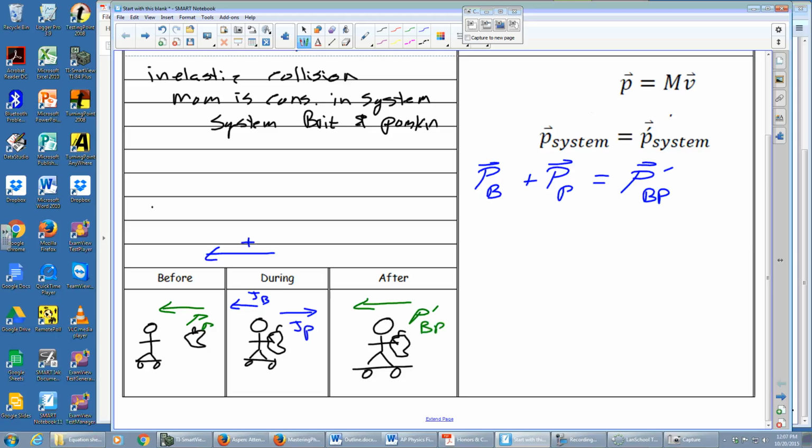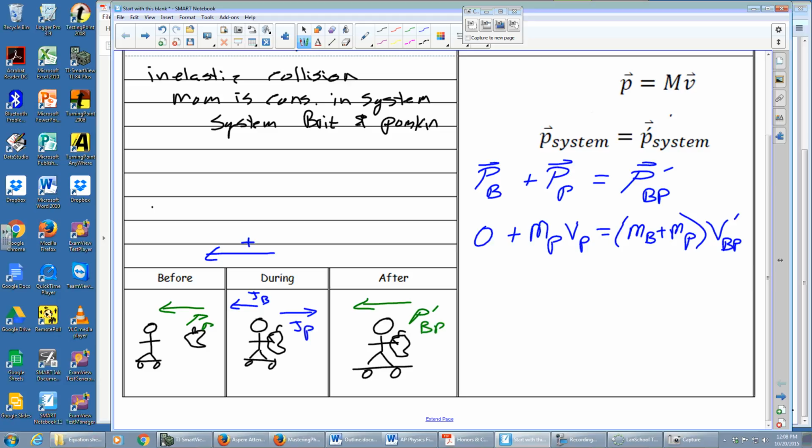My momentum of Brittany before, she's not moving, so I know that's 0. Momentum of the pumpkin would be the inertia of the pumpkin and the velocity of the pumpkin, and that's to the left, so that's positive, so I'm just going to call that the speed of the pumpkin. Afterwards, I'm going to have the inertia of Brittany and the inertia of the pumpkin together, and the speed, and I'm predicting it's in that direction. So again, a positive, of Brittany and the pumpkin together.